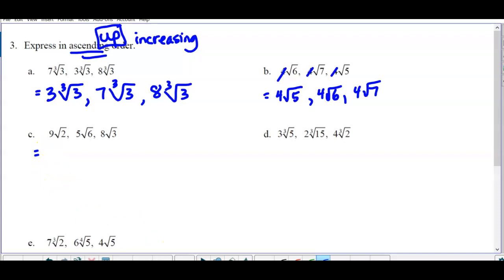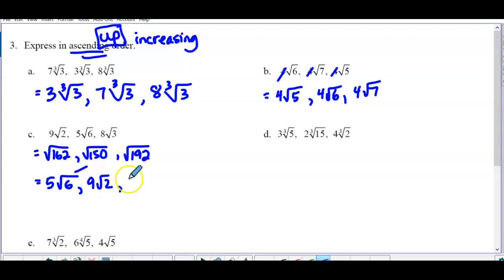So 9 squared is 81, times 2 is 162. 5 squared is 25, times 6 is 150. 8 squared is 64, times 3 is 192. So now the middle one is the smallest. So 5 root 6, and then 9 root 2, and then 8 root 3.